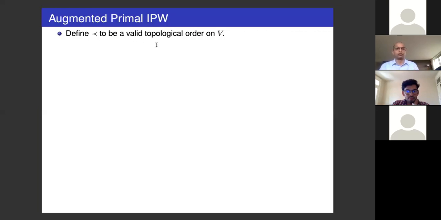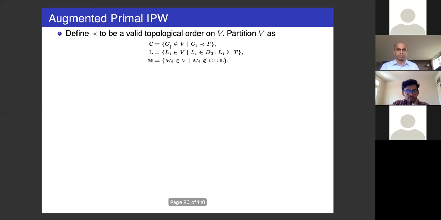So just define a valid topological order on V and partition the vertices of the graph into the following three sets. C, which is all vertices that are pre-treatment variables, so ones that come before the treatment in the topological order.